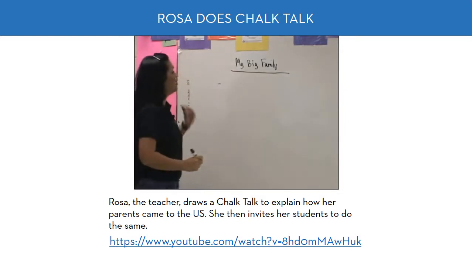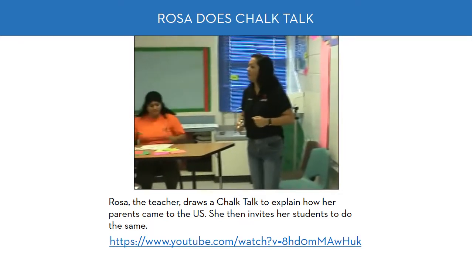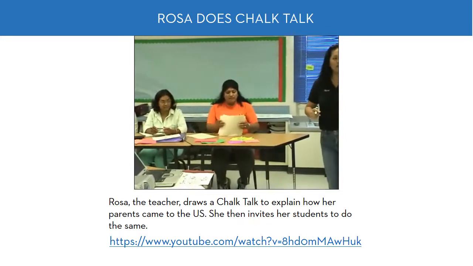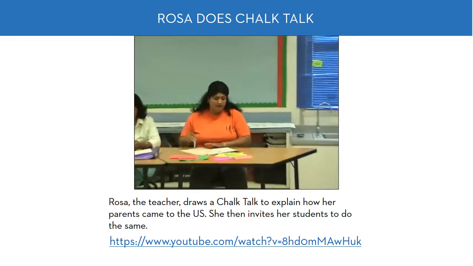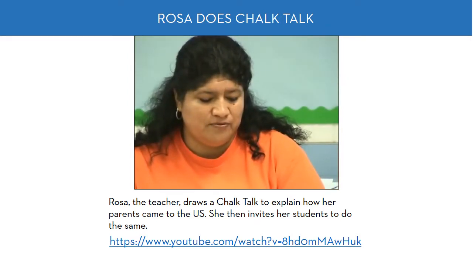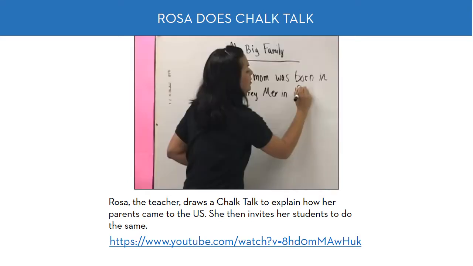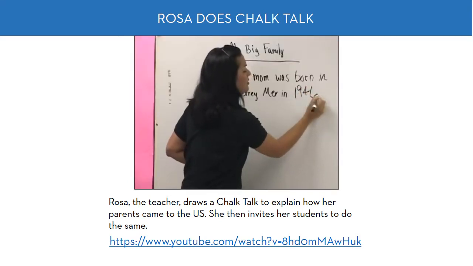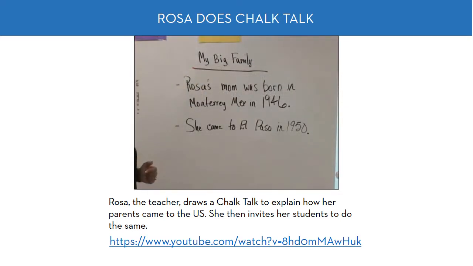Alrighty, so let's go ahead and start writing the story. What's in this first picture here? Rosa's mom, she was born in Monterrey, Mexico, in 1946. Okay, next.